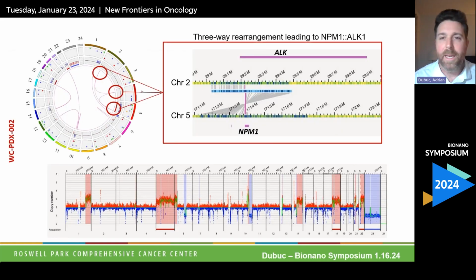Equally important, in some of the PDX lines, we were able to identify pathognomonic driver alterations, in this particular case, an NPM1-ALK alteration. And I appreciate about this technology the ability to not only identify these clinically relevant driver alterations, but also, on the left-hand side in the Circos plots, identify the mechanism through which that occurs. In this particular case, a three-way rearrangement leading to this event.